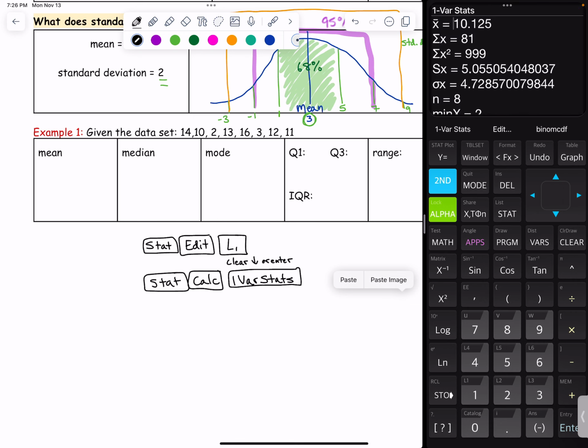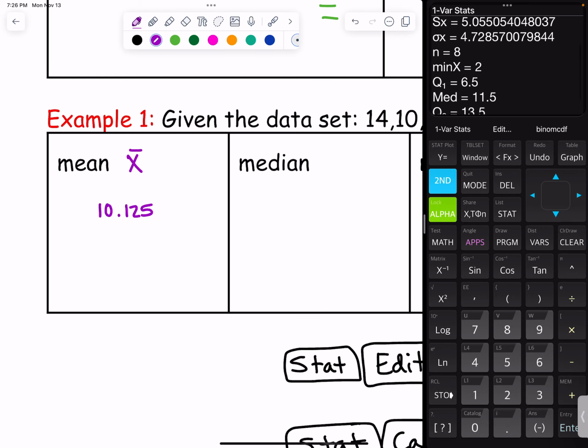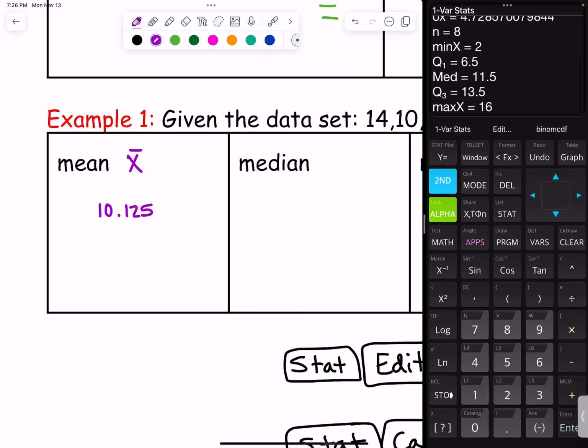And the mean is right there at the top. That is the X bar, and they give that to you as 10.125. The median is down there in the list a little further. It's MED abbreviated, and that is 11.5.